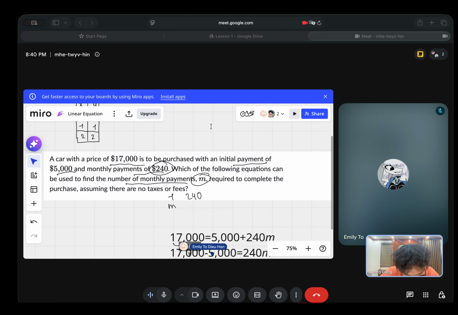So after m months we need to pay 240 times m dollars, right? Plus the initial payment, right? We have this. Okay, you've done very well. So that's an example of a word problem.